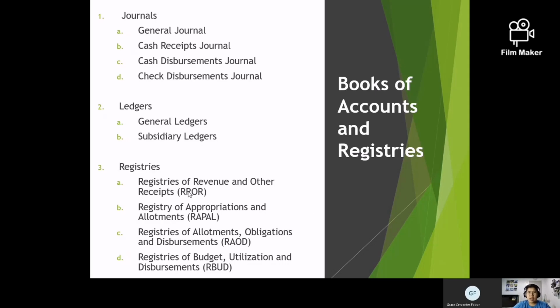So, let me discuss what the registries are for. The RROR, or Registry of Revenue and Other Receipts, is used to monitor the revenue and other receipts estimated or budgeted, and then collected and remitted or deposited to the national government or the BTR.